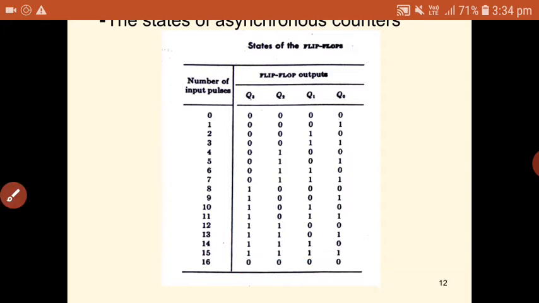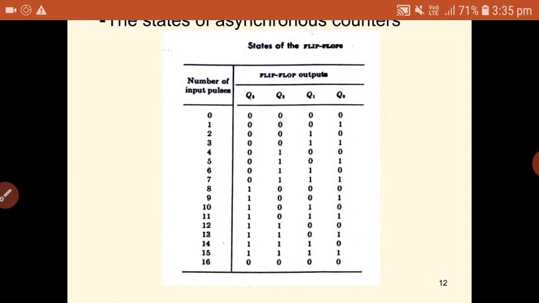So this is the truth table of the ripple counter. These are the number of clock pulses which you are applying at the clock input of the first flip flop, and these are the different output states of each flip flop. Q3 is the output of the last flip flop, Q2 is the output of FF2, Q1 is the output of FF1, and Q0 is the output of FF0.